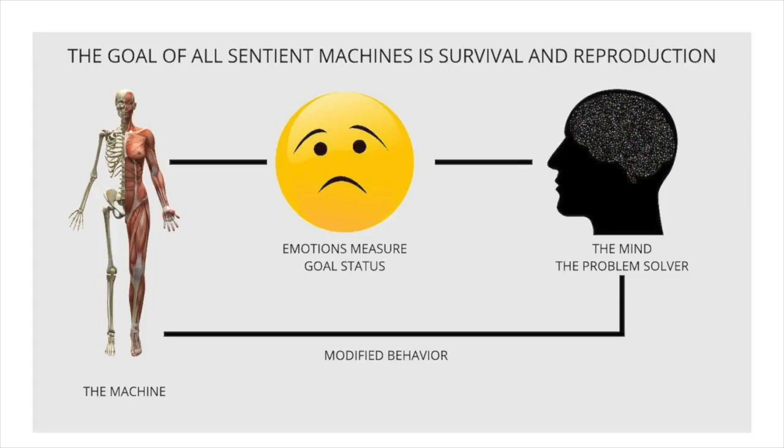So we then have some measure of how we're doing in that kind of activity. So the emotions are nothing more than a measure of how well you're surviving and reproducing. If you've just lost your job, you're going to be a bit pissed off because that affects your survival to some extent. Similarly, if you get some fairly awful illness, that will affect you and make you feel pain.